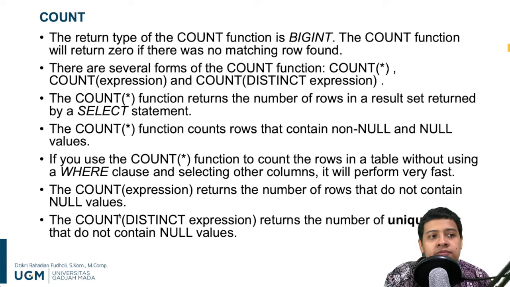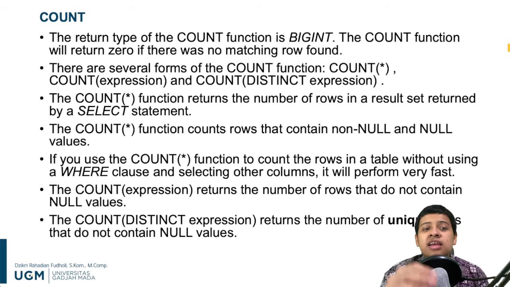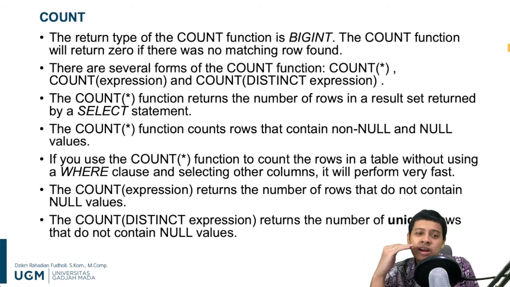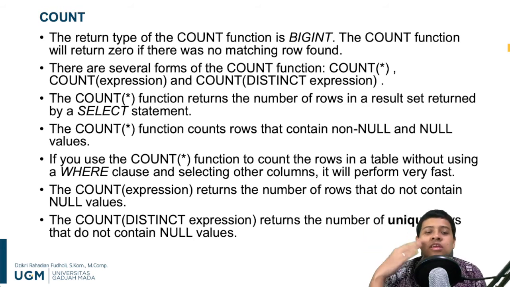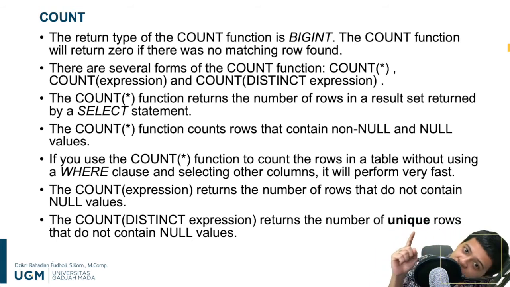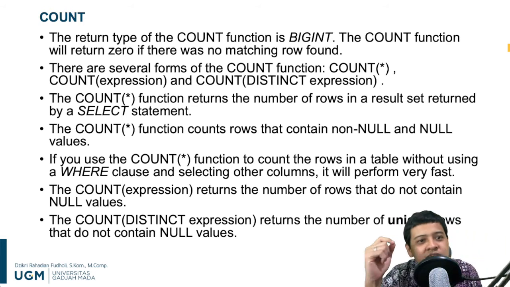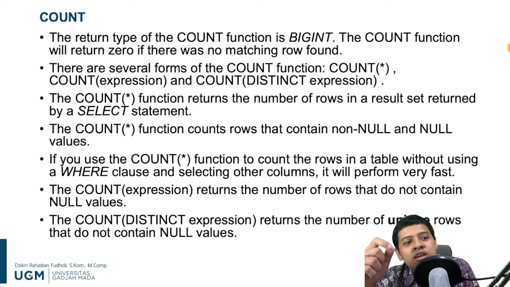So if we want to count a certain column, and in that column there are some nulls, those null values are not included, so they are not being counted. Lastly, the count distinct expression returns the number of unique rows that do not contain null values.